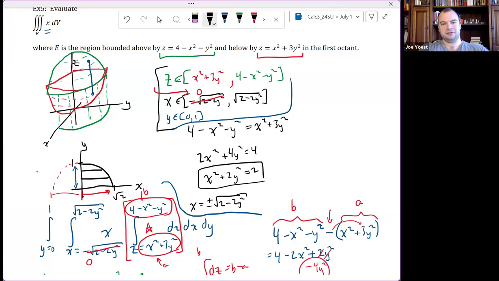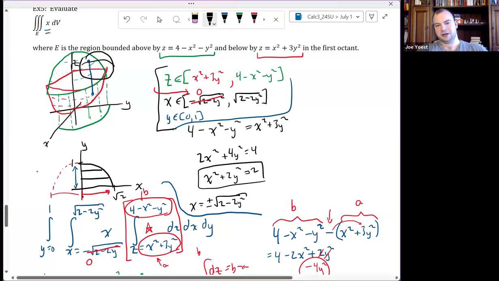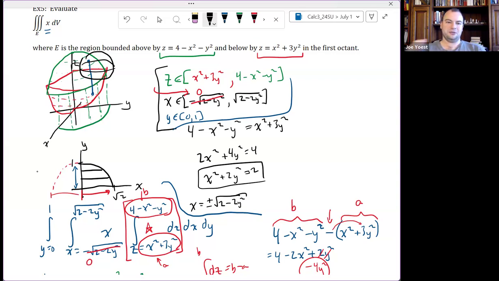So we could have some sphere that is like up here like this, that is only on the positive y side of things, but goes positive y, positive z everywhere, but its x coordinates could be positive or negative. So then x would start at 0 and go up to whatever.